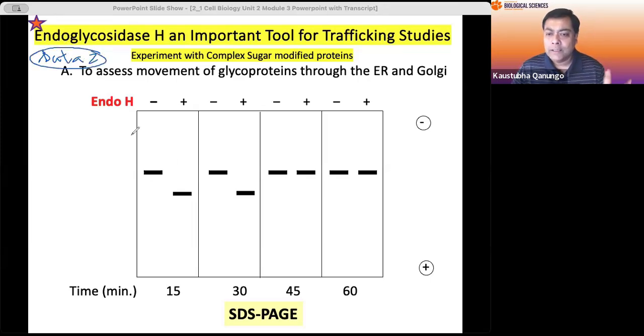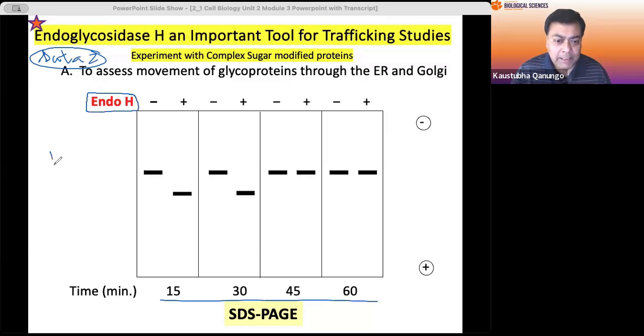I tell you that this is essentially the movement of the glycoproteins through the Golgi, and you have to tell me when a protein passed the medial Golgi. We are giving you these time points, and we are digesting our protein with EndoH, and this is with protein B. Remember that. This is your protein B from the previous one.